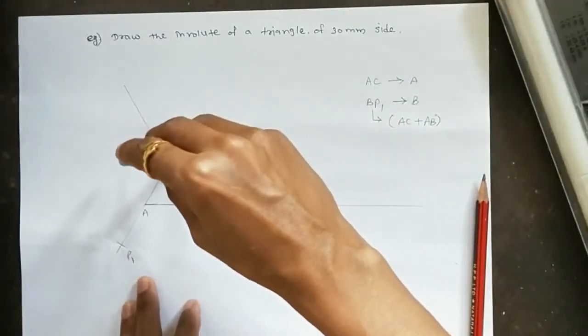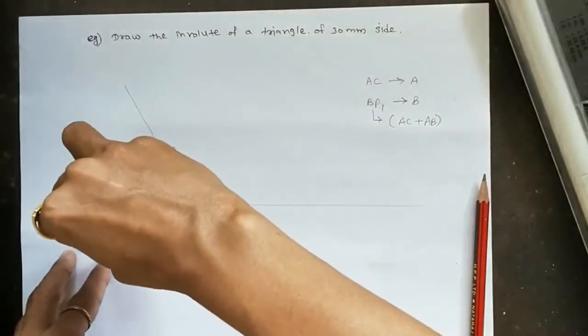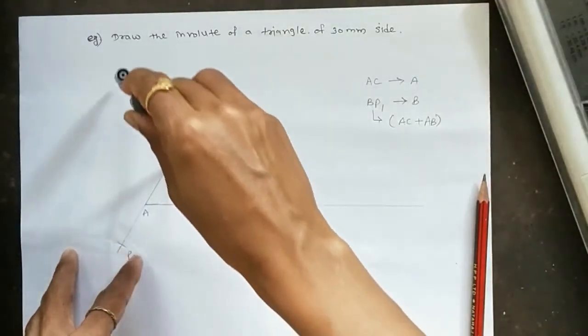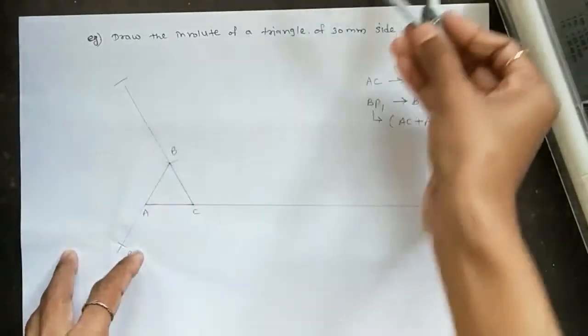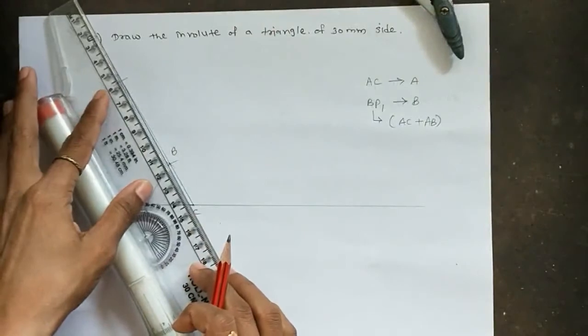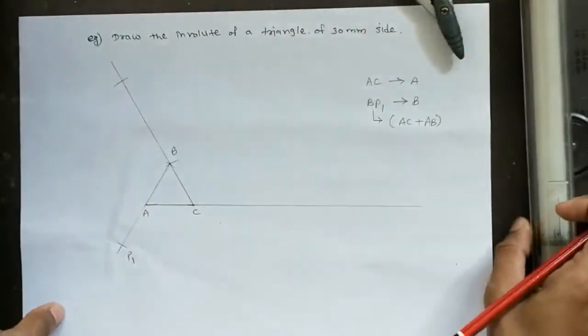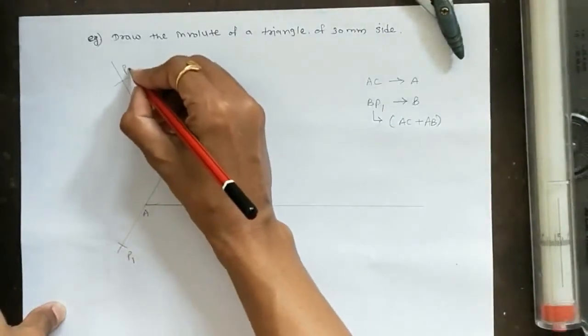So take BP1 distance and B as center point, draw an arc. I will extend this line and give name to this point as point P2.